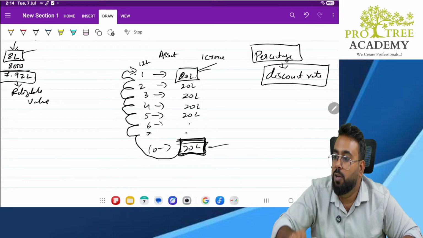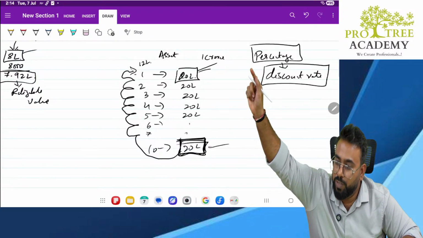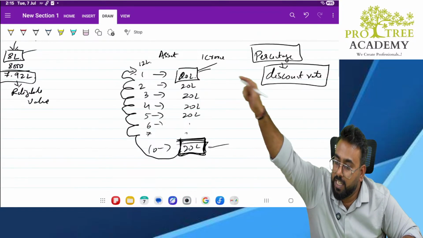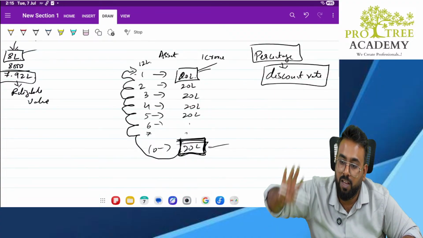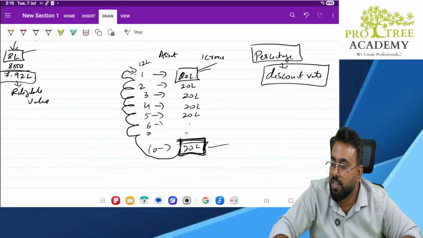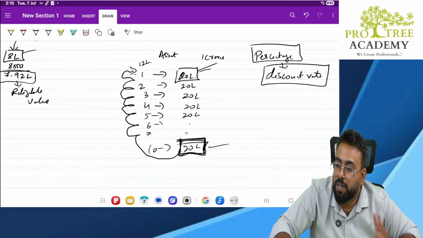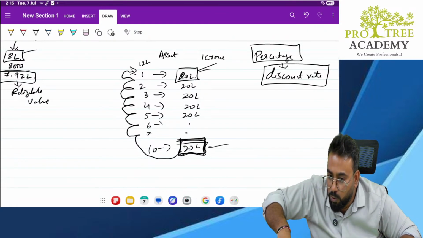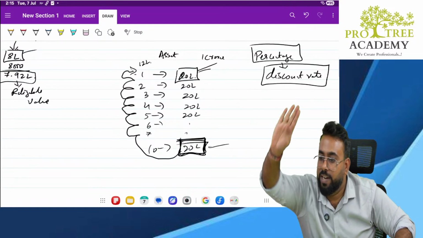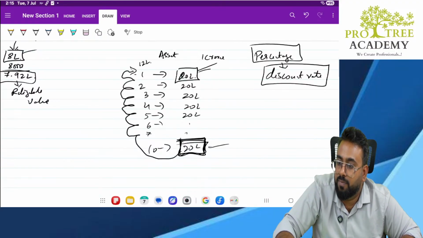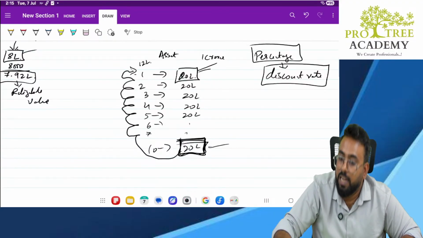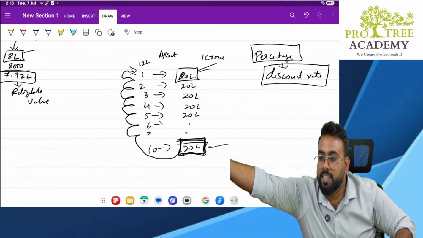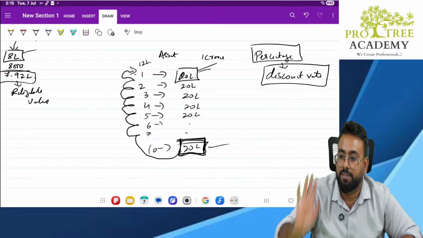The present value of the 20 lakh which we will receive in year 10 is only 12 lakhs. So in simple terms, today's 12 lakh is equal to the 10th year's 20 lakhs. Or the 20 lakh in the 10th year is equal to today's 12 lakh.